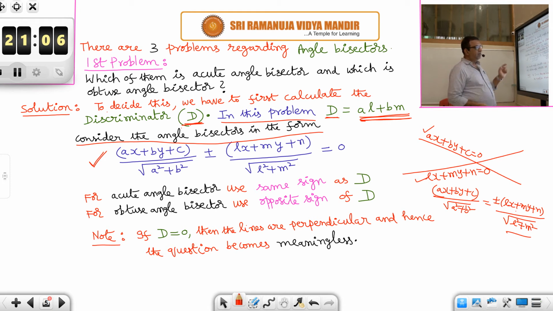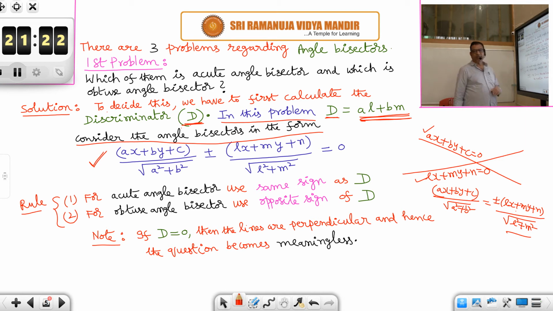In this form, which sign is to be used? It depends upon D, is it not? See, this is the rule. What is the rule? First point.